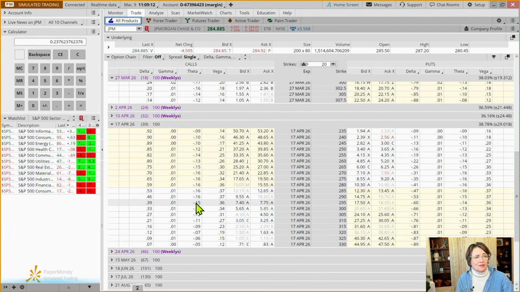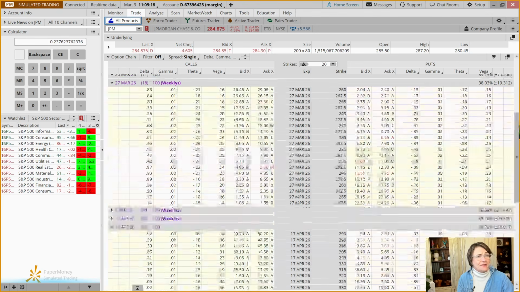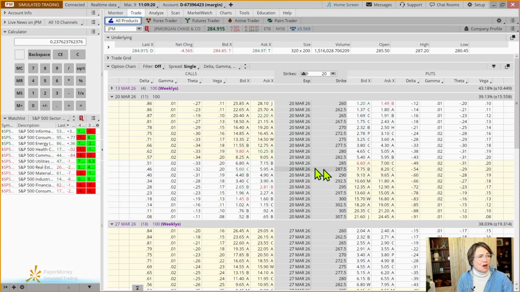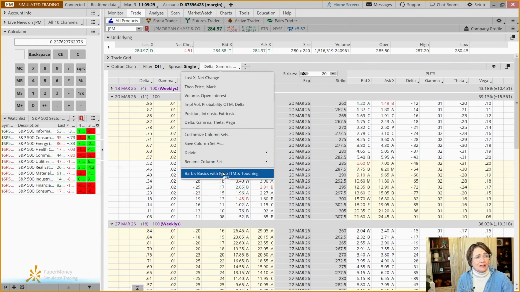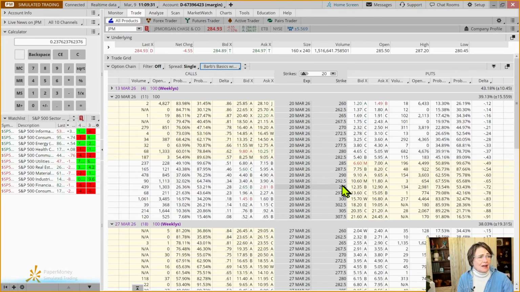I'm going to lose 15 cents a day just on the passage of time. If I come back out here to March, the 295, I'm losing 25. I'm losing a lot more, right? And then, is this heavily traded? Yeah, at the 295 strike, we've got 1,300 contracts.